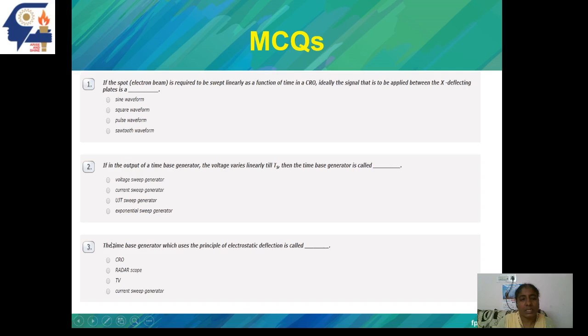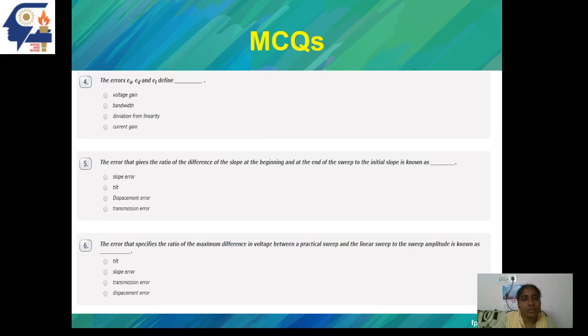Next question, the time-based generator which uses the principle of electrostatic deflection is called CRO. CRO uses electrostatic deflection. The errors ES, ED and ET define the deviations from linearity in the circuit.